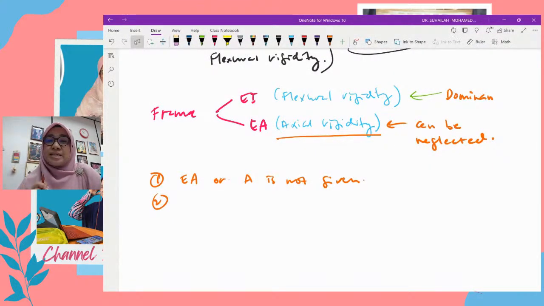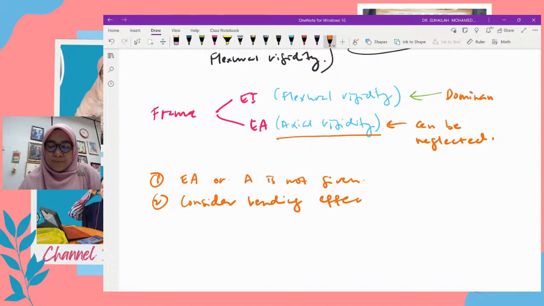Whenever there is a statement in the question mentioning, like this, consider bending effect only.